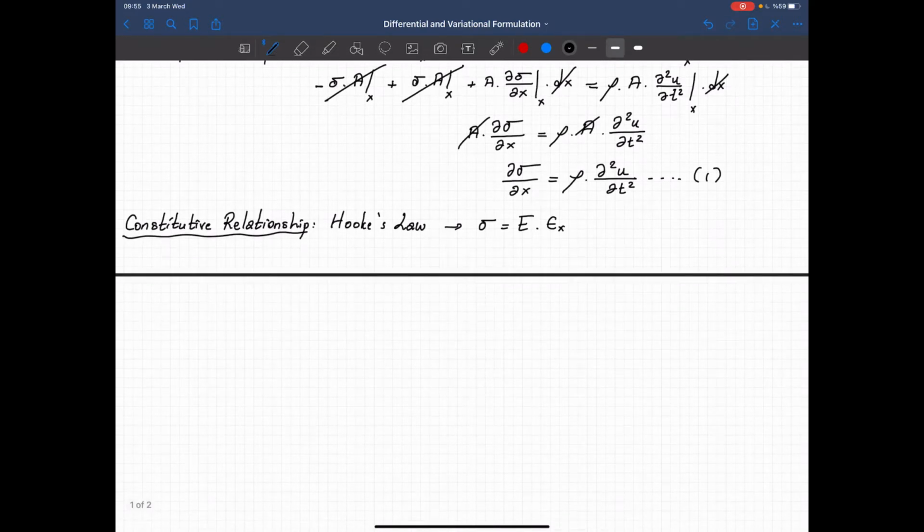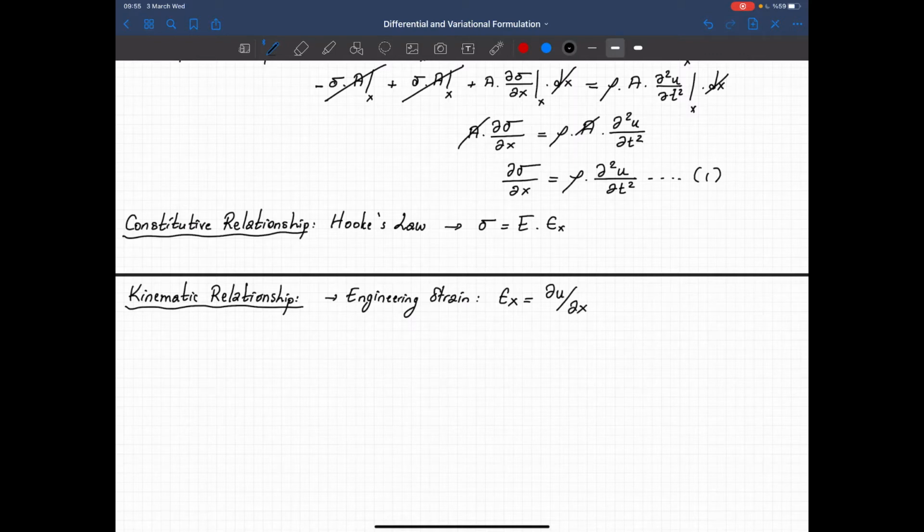Now the kinematics, or deformation strain relationship: if I use the engineering strain definition, I can just say that epsilon x, the strain in x direction, is simply the first derivative of the axial deformation. So let's call this one equation 2, this one equation 3.